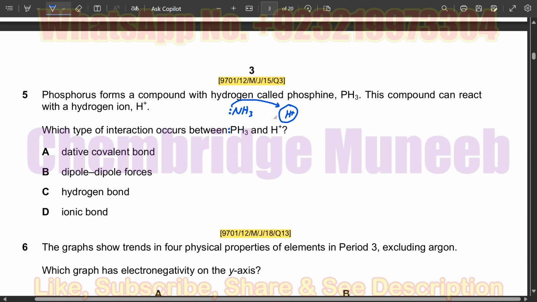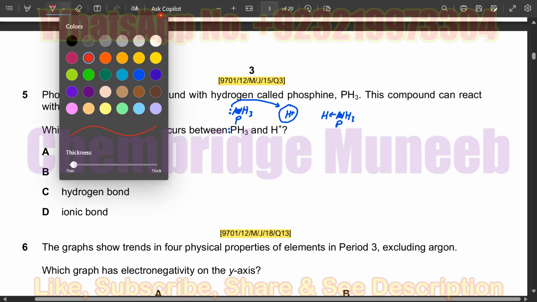This type of bonding is called a dative bond, in which nitrogen makes a dative bond with the hydrogen. But we are discussing phosphorus, so it will be the same. Instead of writing N, I can write P. PH3 bonding with the hydrogen ion, this type of bond is called the dative bond.